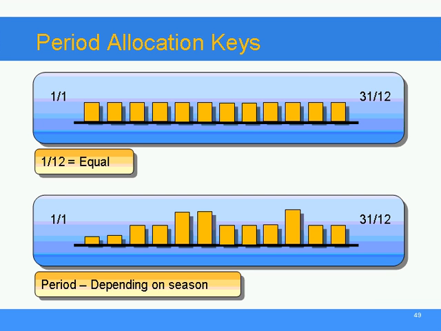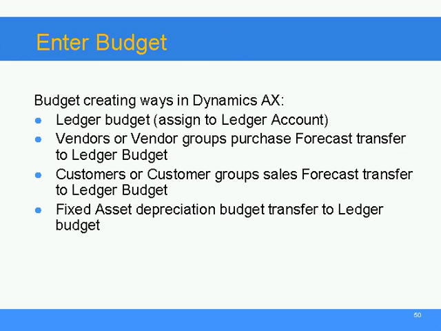Period allocation keys enable replication of the selected budget line throughout the module within a specified date range, together with a defined period allocation percentage. They are used to divide an annual amount as a straight line percentage across a year, or to adjust that amount to account for seasonality. They are used for budgeting or setting up seasonal fluctuations.